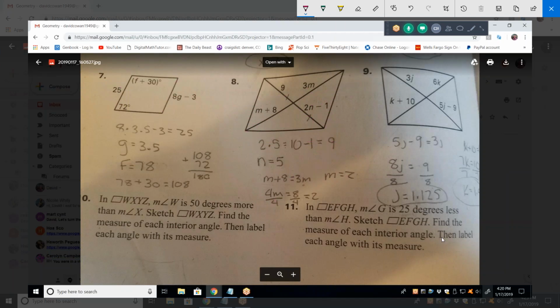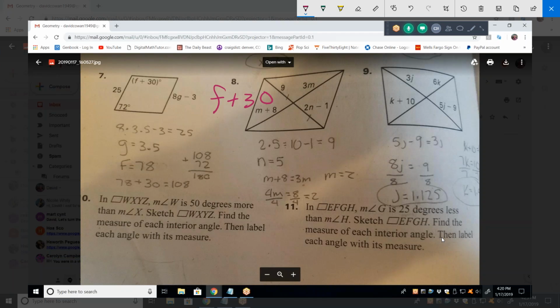And what's the next equation that I'm going to use to solve for f? Give it to me as an equation. F plus 30 equals 180.